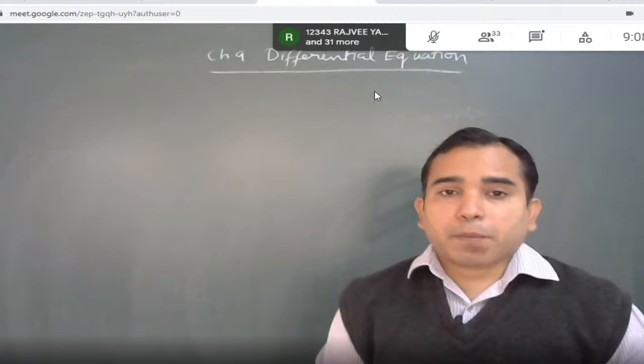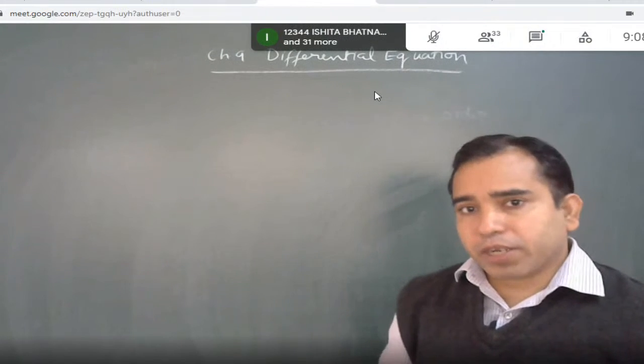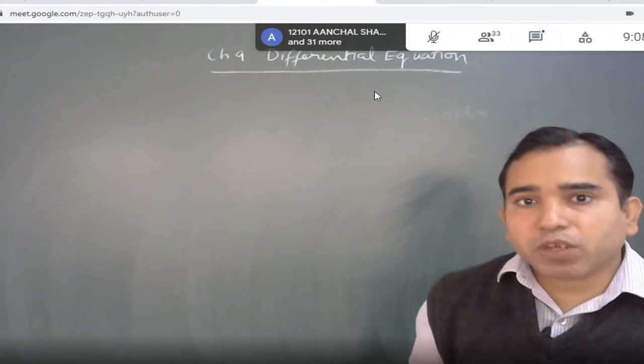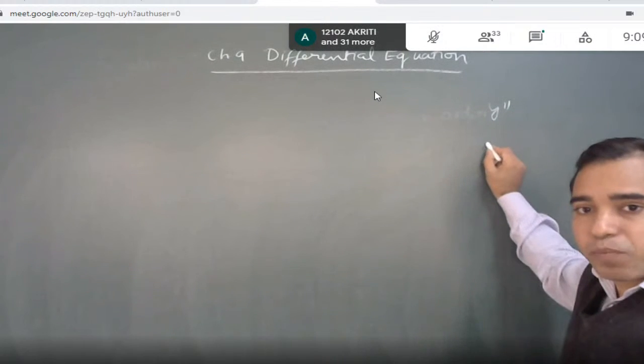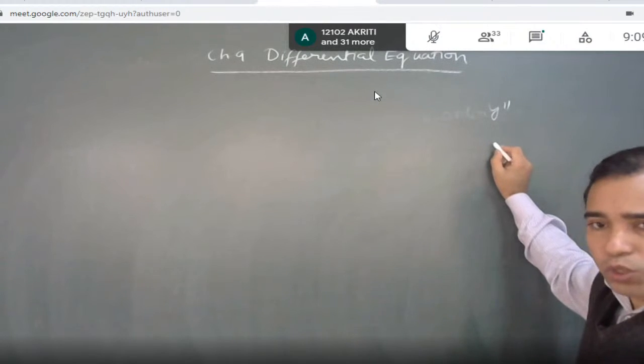Derivatives may be of first order, dy upon dx, or higher order derivatives are also possible, d2y upon dx square, which we call y double dash, or d3y upon dx cube, which is y triple dash.